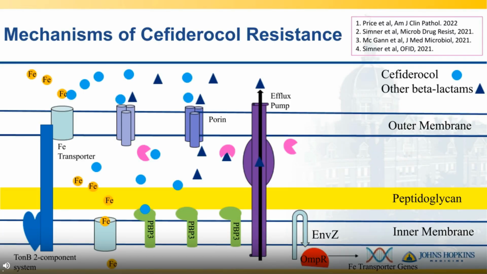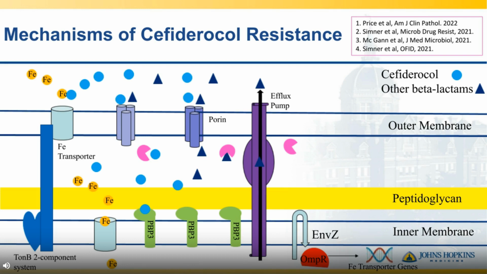However, the larger question still remains: is this increased copy number the only thing driving this increased resistance that we were seeing clinically? So we've studied mechanisms of cefiderocol resistance in my lab through various different studies. On this slide, you'll see cefiderocol depicted here in these light blue circles.